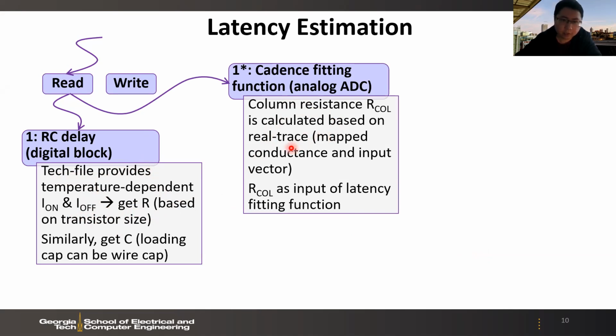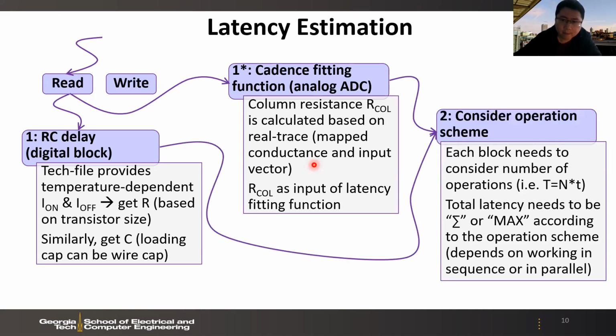We will do some simulation to fit the real traces depending on the input current to the ADC, for example, to figure out the ADC delay. And then we consider the operations. For example, sometimes we can pipeline the operation or we can hide some of the latency if we do two operations in parallel. So we're going to look at the operation scheme and then determine the final latency for some critical operations. We need to find the critical path.